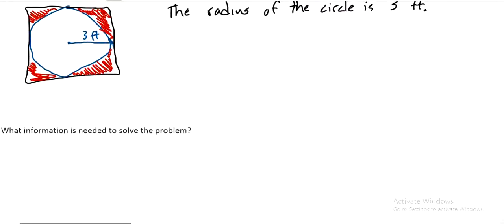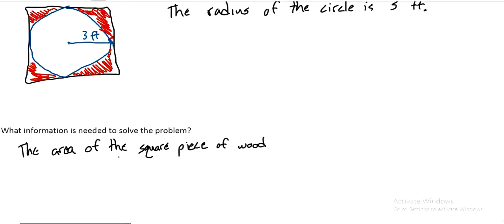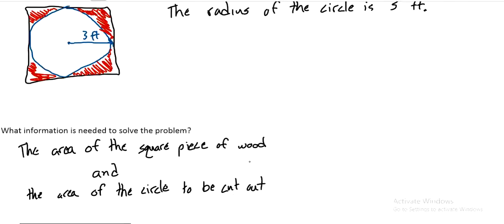So the information we'll need is the area of the square piece of wood and the area of the circle to be cut out.